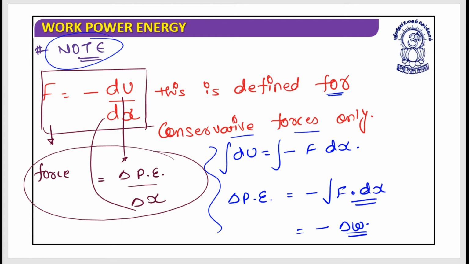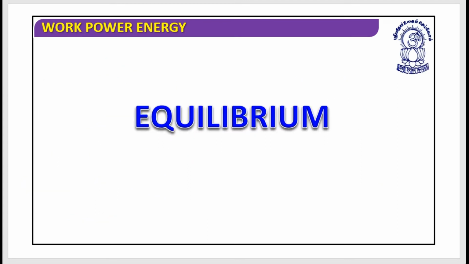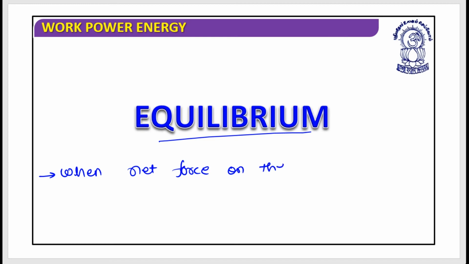No? Great. Now let's work on equilibrium. Tell me, what is equilibrium according to you? We have already defined it when we dealt with the laws of motion. What is equilibrium? When I say equilibrium, one thing that comes to my mind is when the net force on the system is zero.